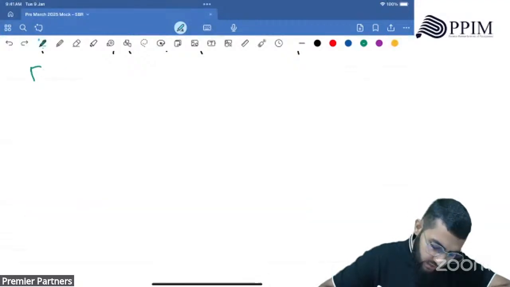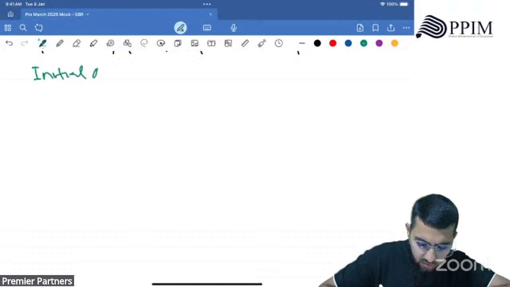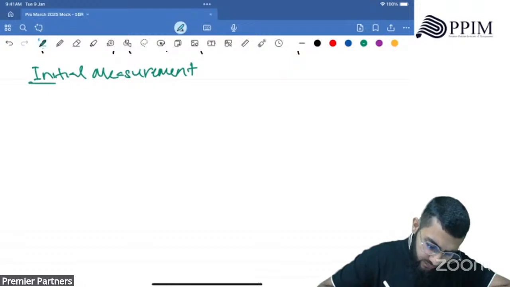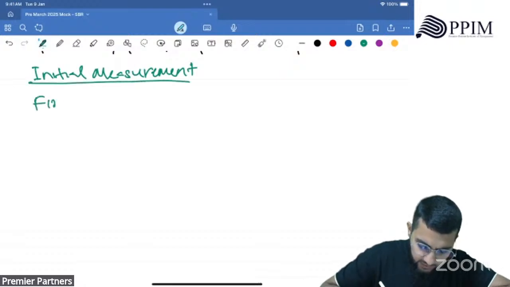Again, initial measurement. We split that as initial and subsequent. Fixed payments.